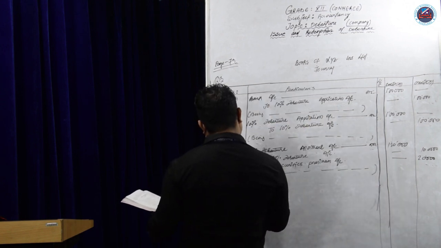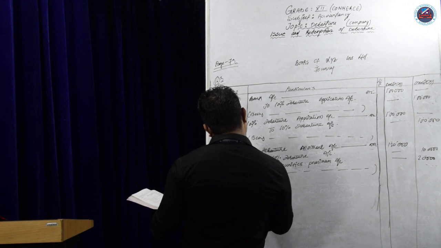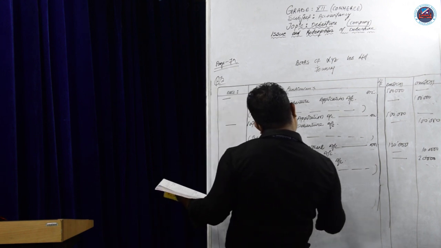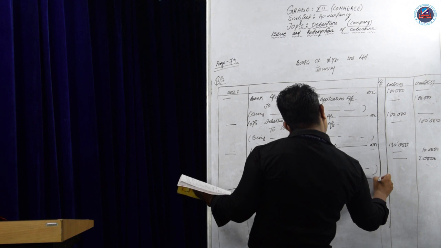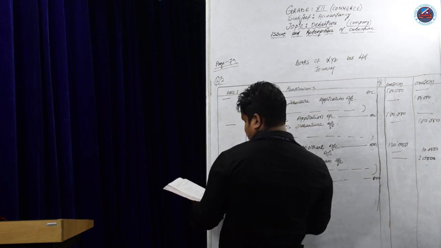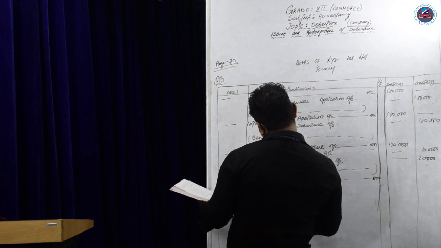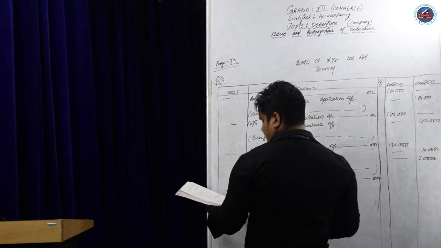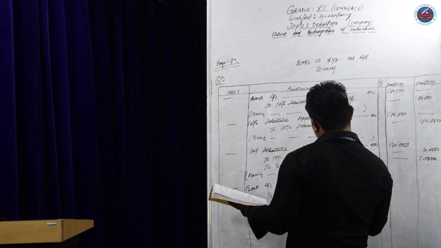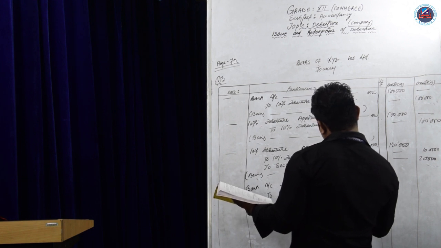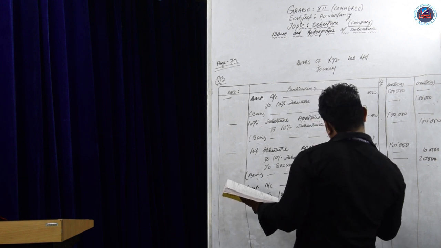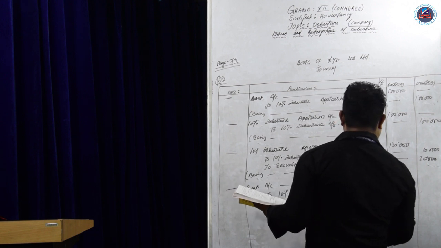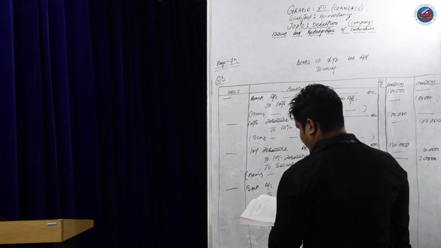Now for the receipt, bank account debit to 10% debenture allotment account. What will be the amount here?